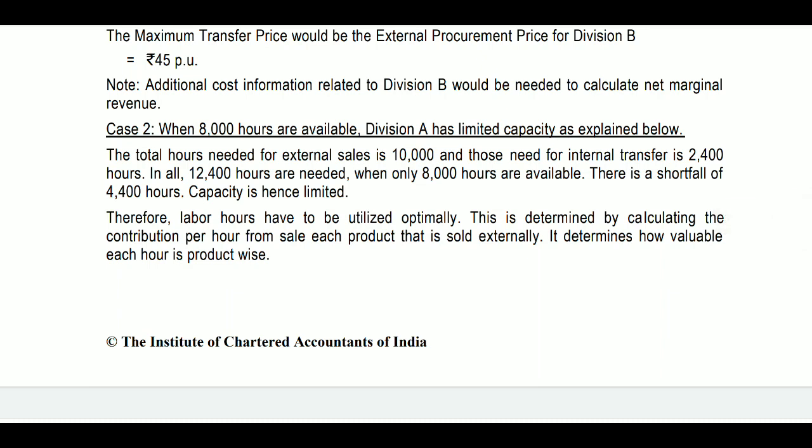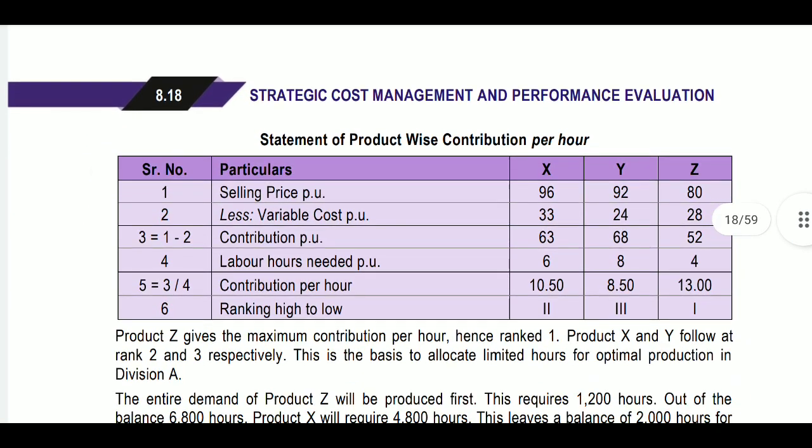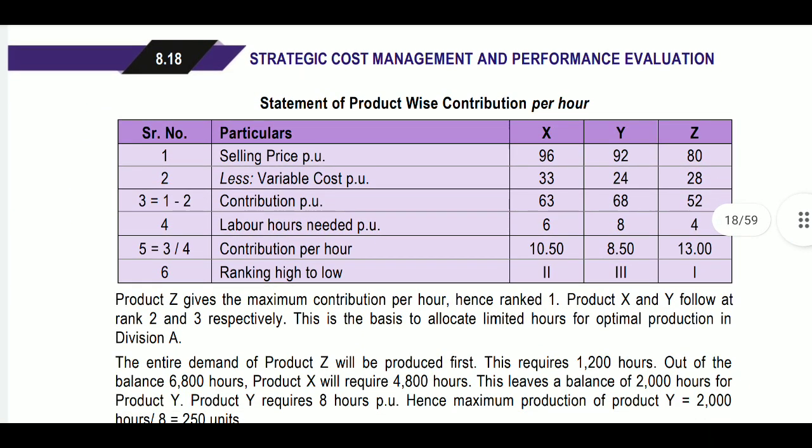This is determined by calculating the contribution per hour for each product sold externally. Whatever amount we get if we sell externally, and what we get if we transfer to division B, we will compare. In determining the value of each hour product-wise, the selling prices are 96, 92, 80, less the variable costs provided of 33, 24, 28.